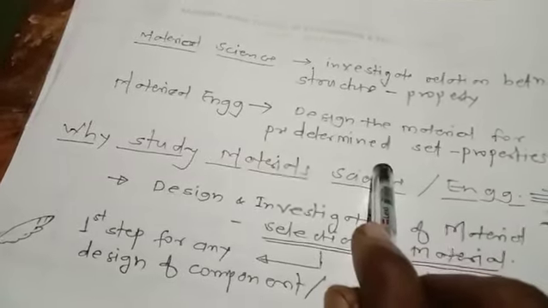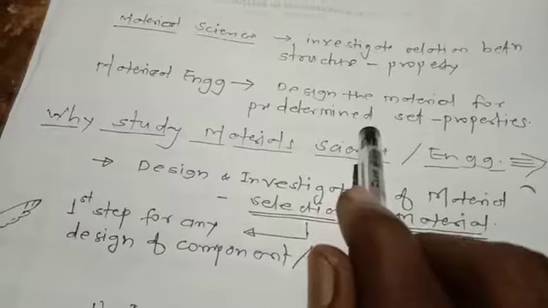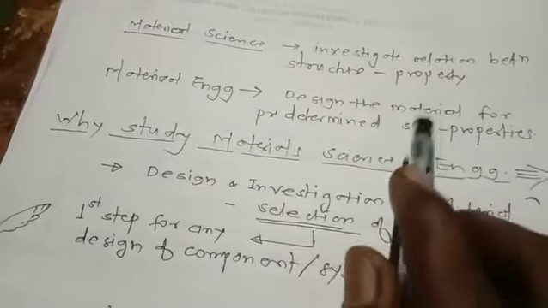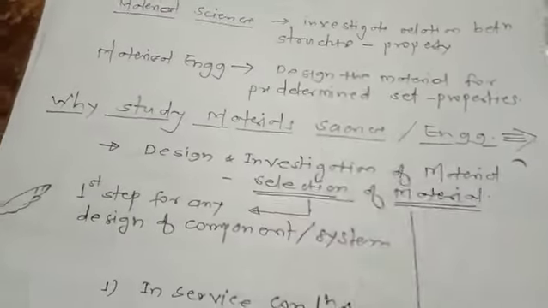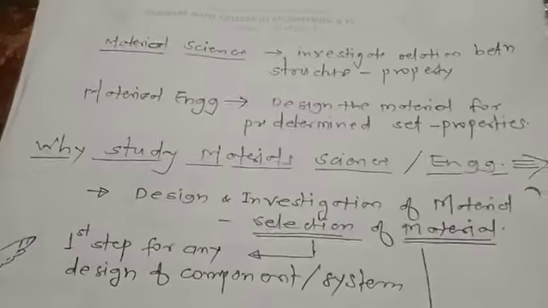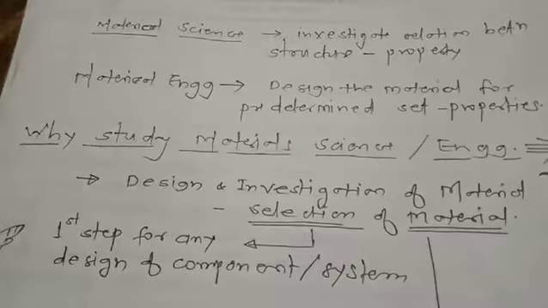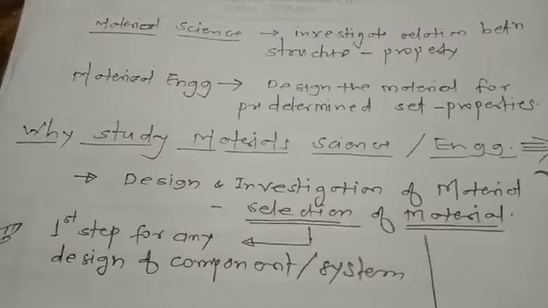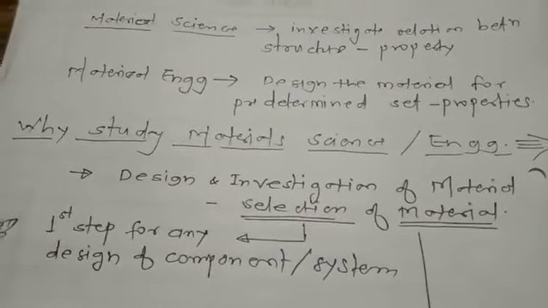We need to find the proper process to get the set properties for the particular material. That is the aim of material engineering. In science, they investigate the relationship between structure and property, and then in engineering, the exact processing happens over the material to achieve the set properties.